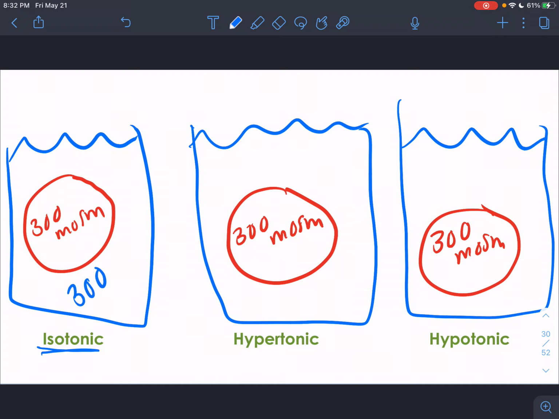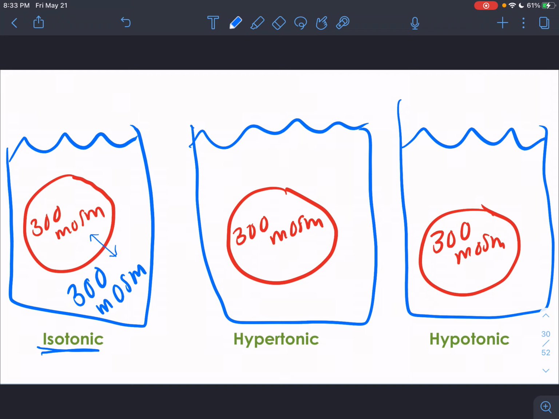So outside of the cell, the solution would have a 300 milliosmol concentration as well. Again, remember in all of these situations, we have a semi-permeable membrane which only allows water to move. So water can move in and out of the cell, not a problem. But if we have equal concentrations, there's not going to be any net movement of water, meaning the cell's not going to gain water, it's not going to lose water, it's just going to stay the same because we're already at equilibrium. Okay, so that's an isotonic solution.